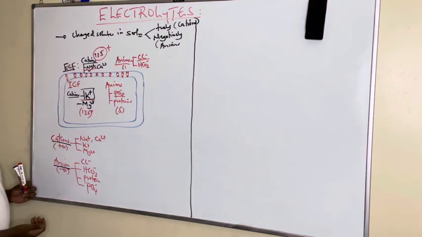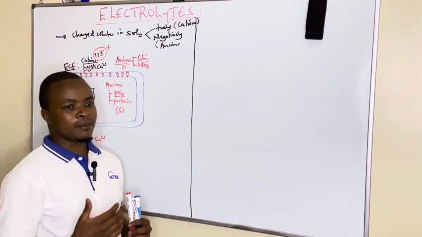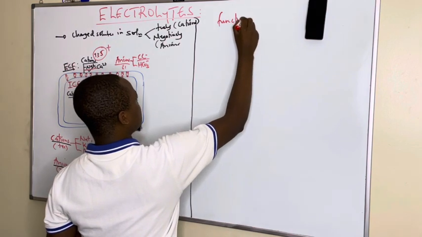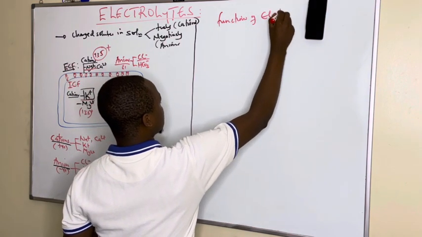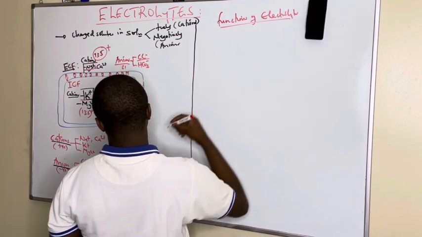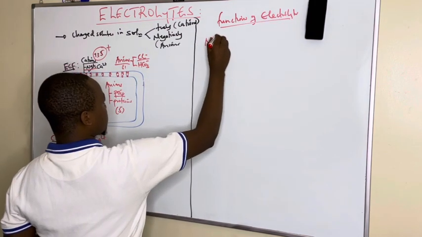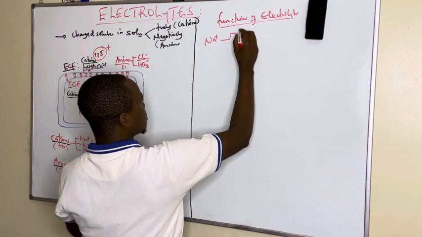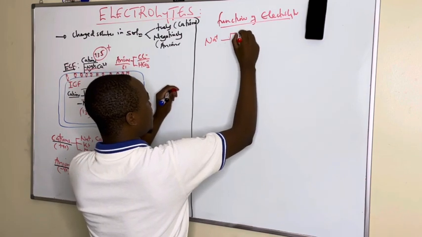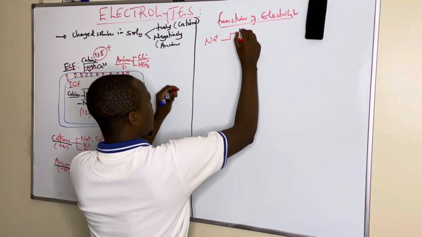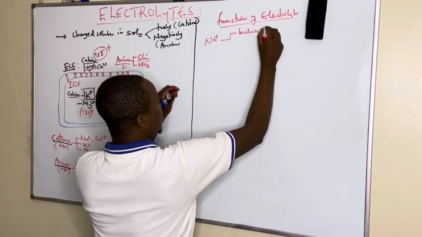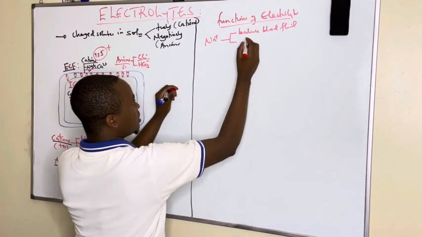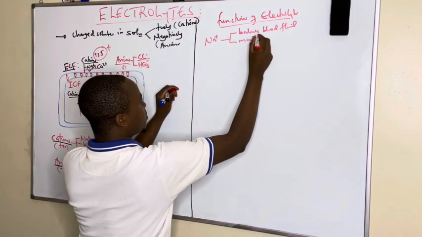After seeing different cations, now we want to see the major functions of these electrolytes. We shall see electrolytes like sodium and chloride. Sodium plays a big role in maintaining osmotic balance, blood fluid balance or water balance, and even maintaining blood pressure.